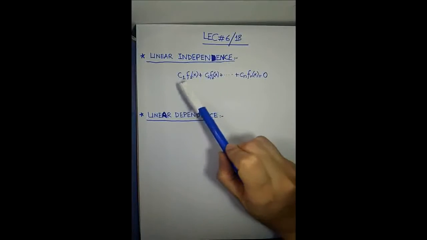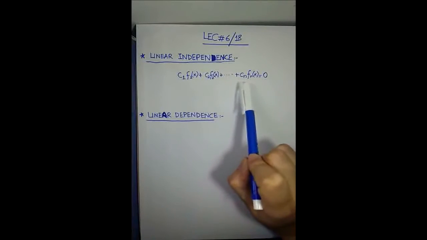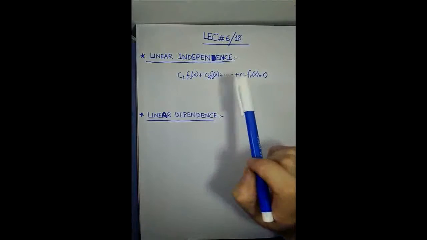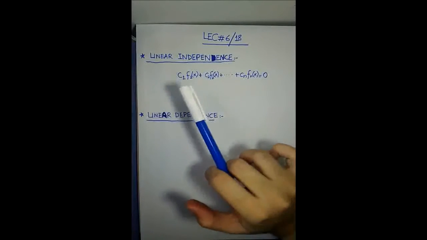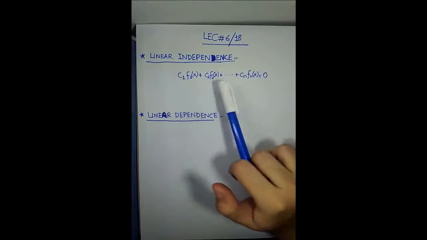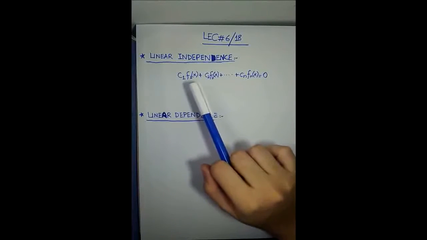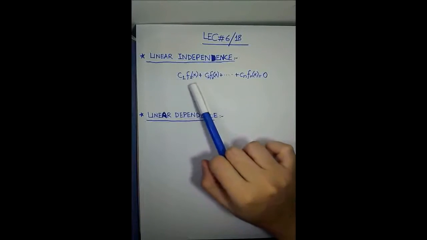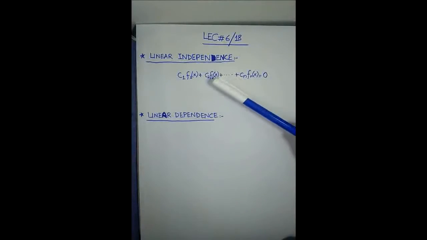So C1, C2, C3, all the way to Cn, all the C's are scalars here. You can also write them as a1, a2 and so on. The vectors here are functions: along with C1 we write f1 of x, so here is the first function, and then f2 and so on, along with Cn we write fn of x.